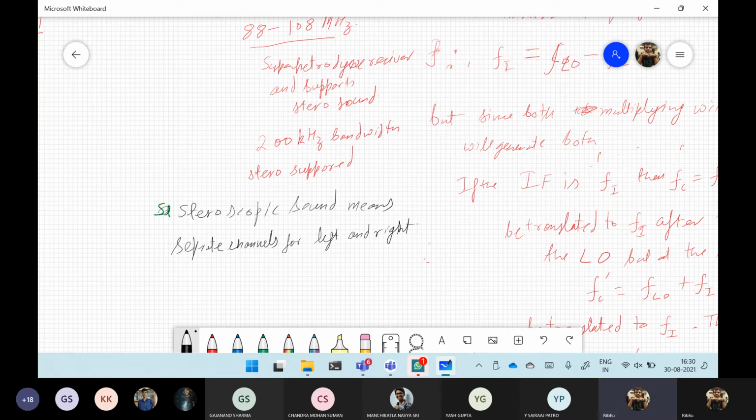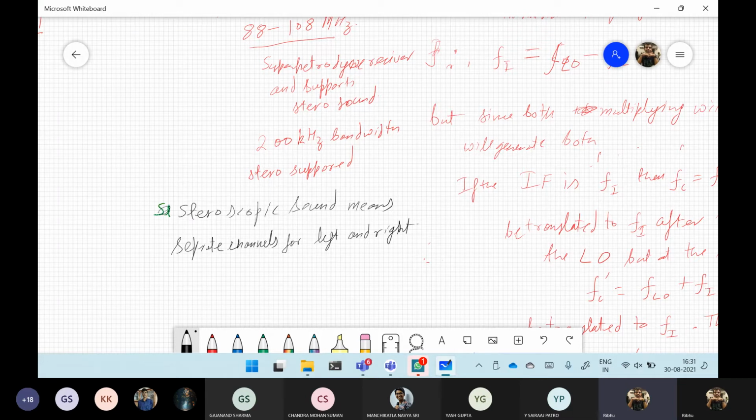So that kind of a sound is called stereoscopic, but not all FM radios are stereo enabled. So the 200 kilohertz FM channel is divided into two sub channels of 100 kilohertz each. Over one channel, they transmit the sum of the left and right signals, and over the other channel, they transmit the difference of the two signals. The left channel is called the L channel and the right channel is called the R channel, predictably.